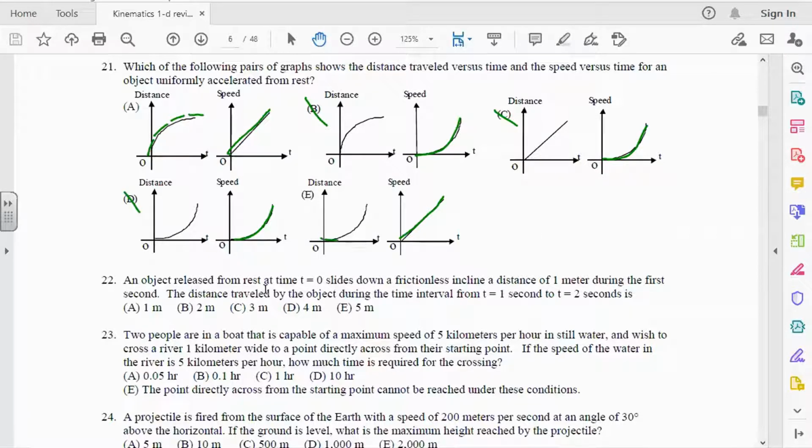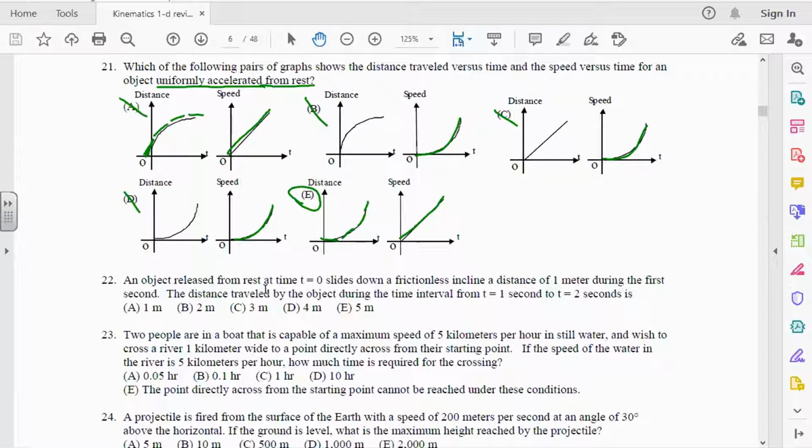These tangent lines for answer choice E, the slope is increasing. And because it's telling us that something is uniformly accelerated from rest, well, this one doesn't start from rest because it has a positive slope to begin with, which means it's moving. So A's out, which leaves us with answer choice E.